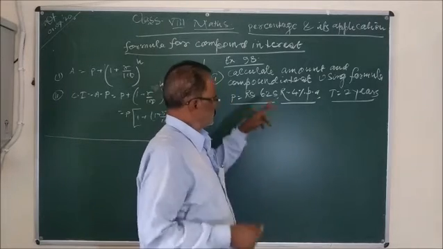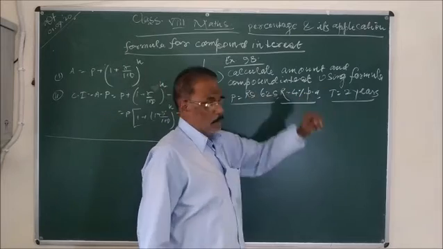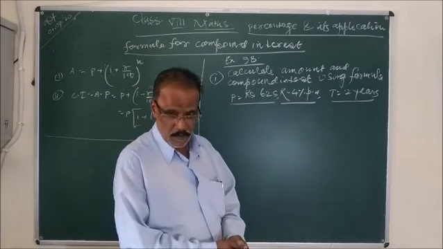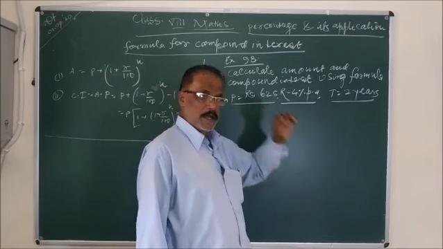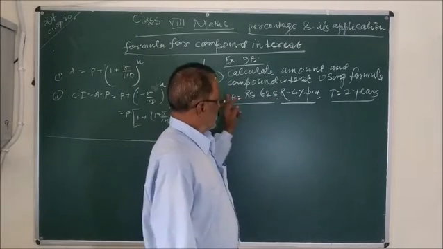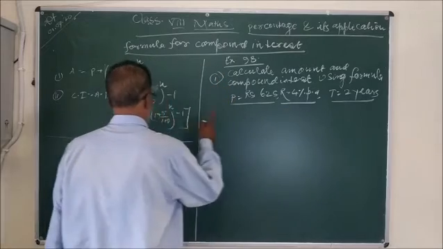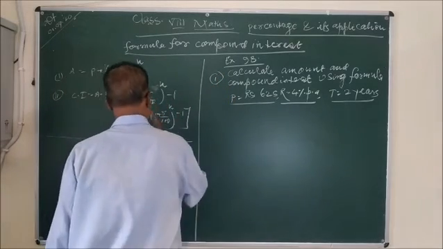My dear students, you can find the compound interest by the unitary method also, as you have solved in 9a. But now you see how to find the compound interest using this formula.